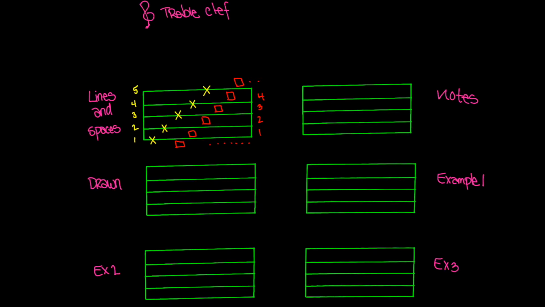Now, if we were going to put notes on this, for the lines we would have E, G, B, D, and F. And over here, for the spaces, this would be D, F, A, C, and E. So again we have just an alternation: D, E, F, G, A, B, C, D, E, F, going up the staff.